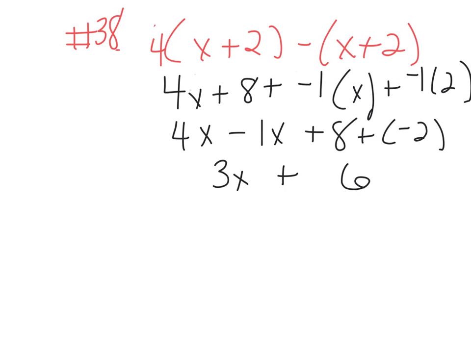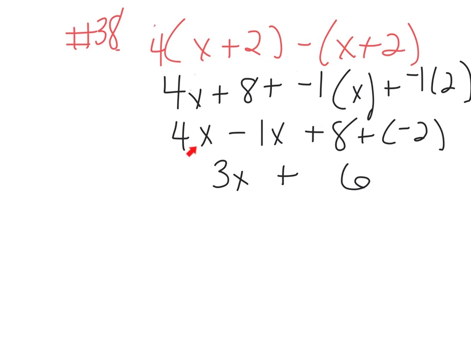On number 38, doing the same kind of thing, we had 4 in parentheses x plus 2 minus x plus 2. We distribute it. We have 4x plus 8, and I added a negative 1 here just because it's easy not to realize that it's here. We had negative 1 times x plus negative 1 times 2.